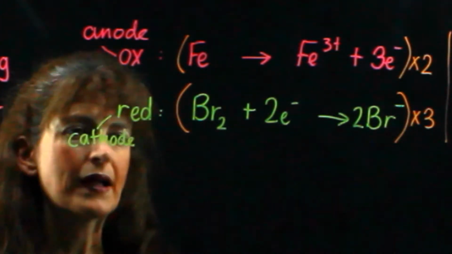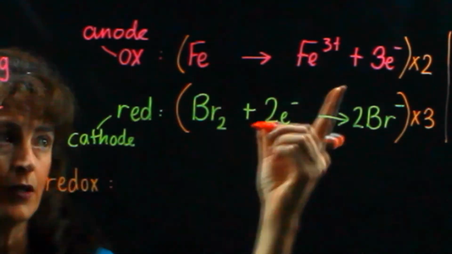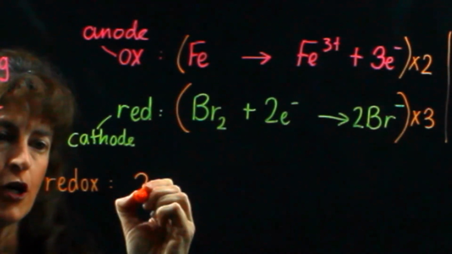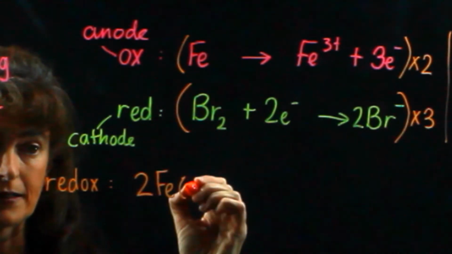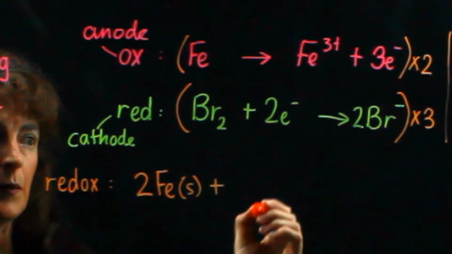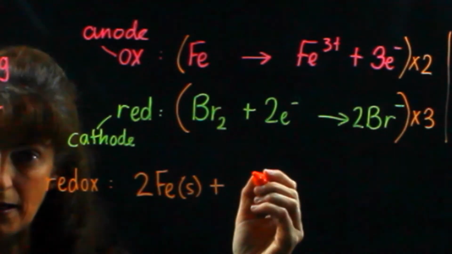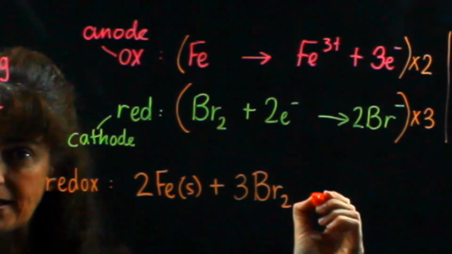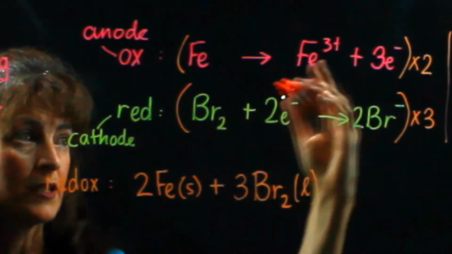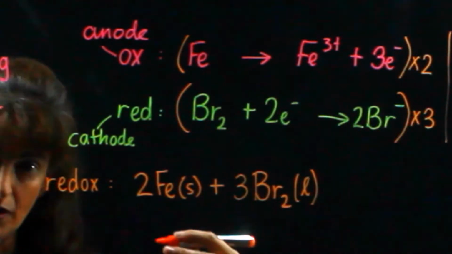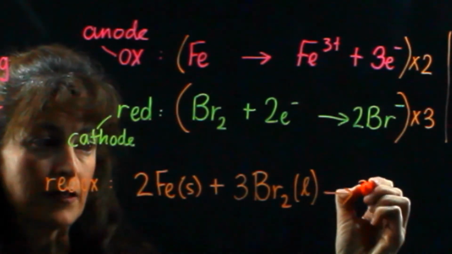Now we simply write the whole redox reaction. Don't forget to do your multiplication, 2Fe, and we can give the phase, that's solid, plus 3 bromine, Br2, and that's liquid. We don't need to write the electrons because we already know we've got 6 on either side, so that cancels. 2Fe3+.